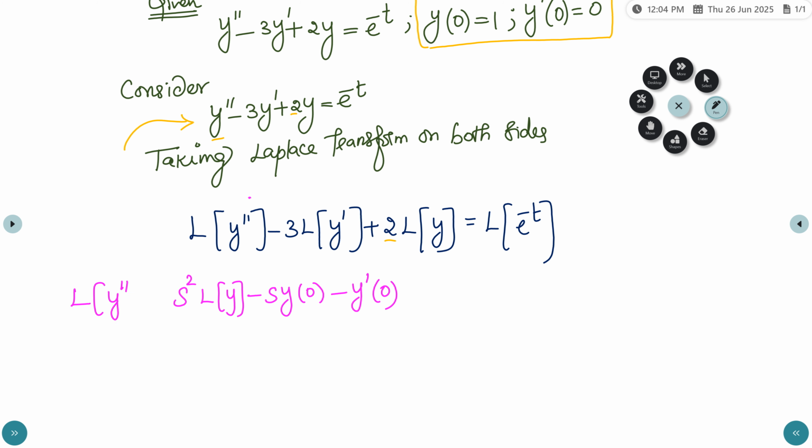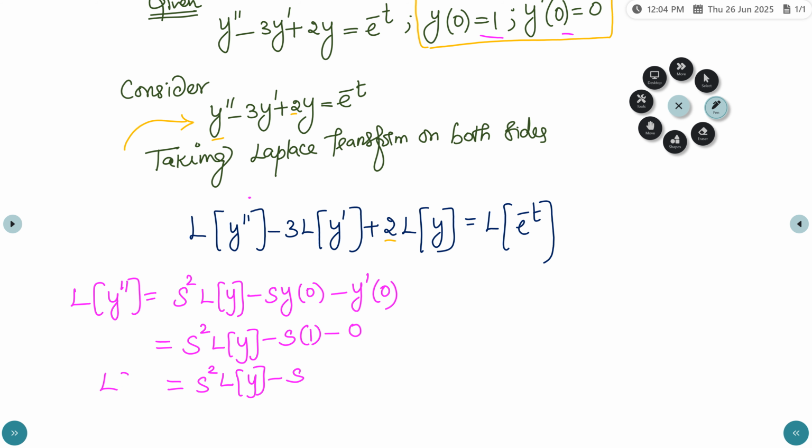Now, what is y of 0? y of 0 is 1 and y dash of 0 is 0. So, substituting the given conditions, s square L of y minus s into 1 minus 0. This equals s square into L of y minus s.